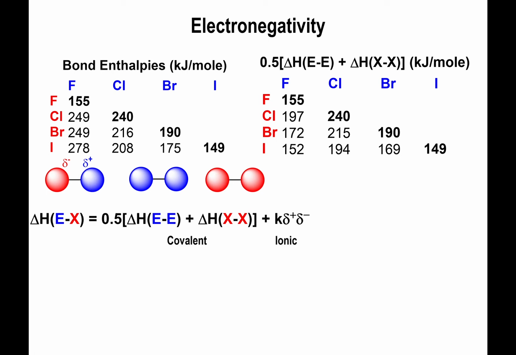So, technically speaking, the covalent bond strength is dictated by both the covalent factor and the ionic factor all in one. And this is a much more complete picture of what the covalent bond actually is.